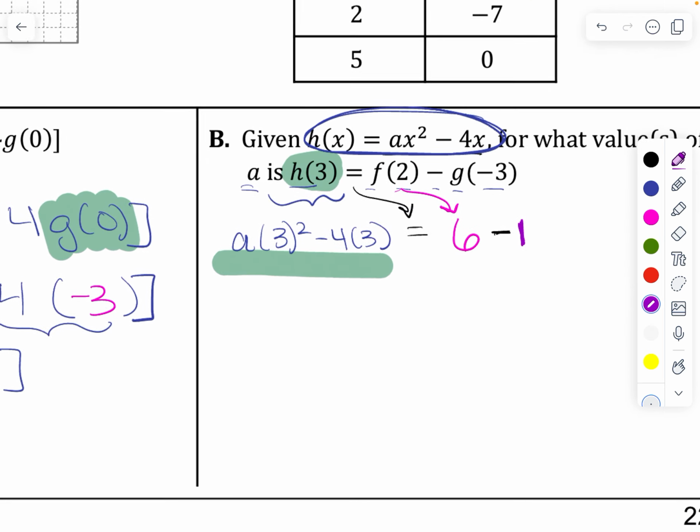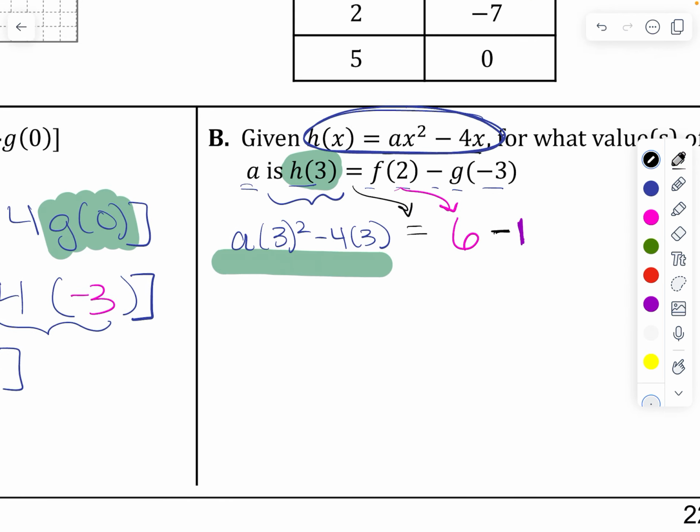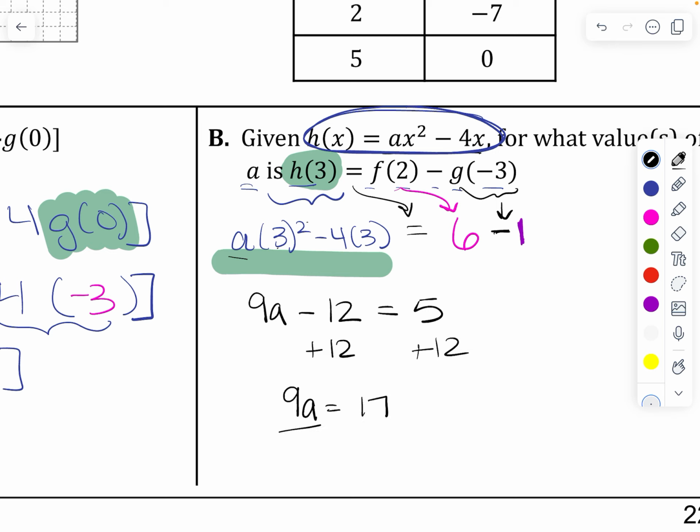Now that I plugged in those values, we're going to solve. So I get 3 squared is 9 times a minus 4 times 3 is 12 equals 6 minus 1 is 5. Now this is an equation I can solve. Add 12 to both sides, and I get 9a equals 17. Divide both sides by 9, and I get a equals 17 over 9.